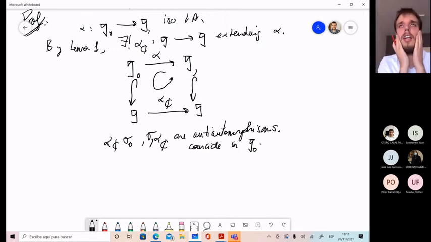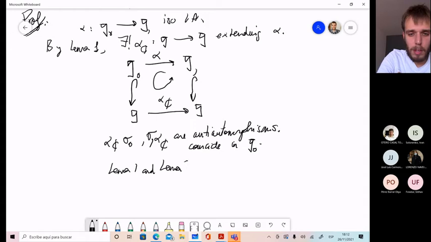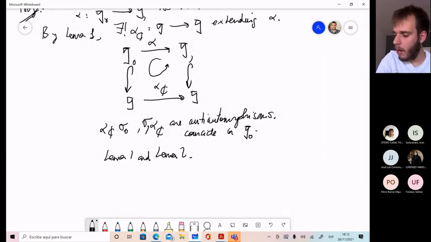As I told you, when you have an anti-automorphism, it's like if you had an automorphism somehow. And then we apply lemma 2 that I proved, which allows you to make a complex automorphism out of an anti-automorphism. So you can use these two lemmas, lemma 1 and lemma 2, to prove that these two are equal.